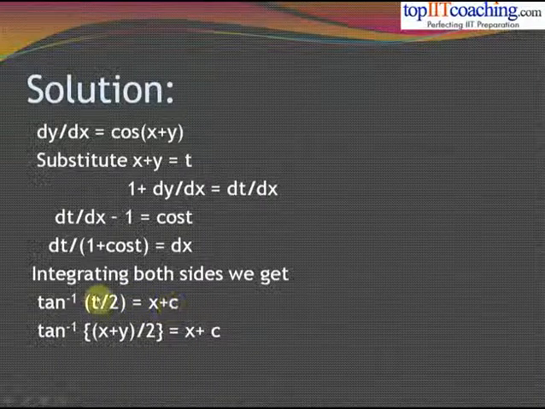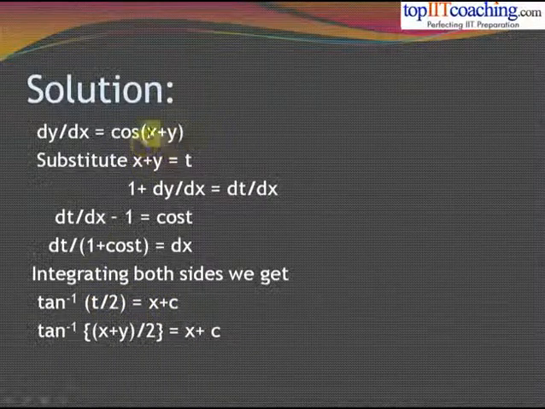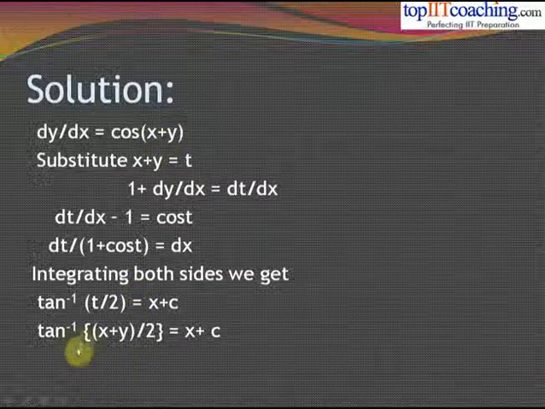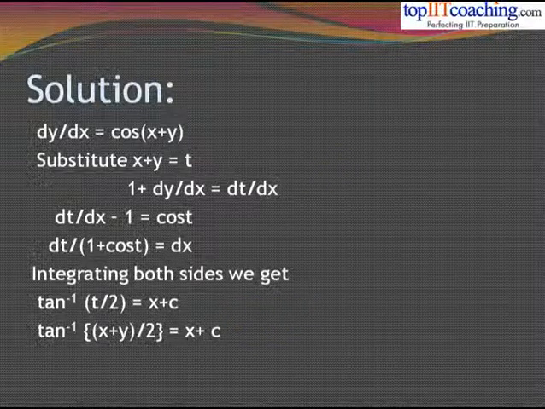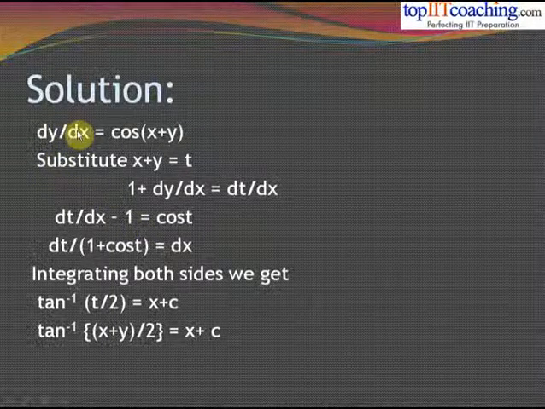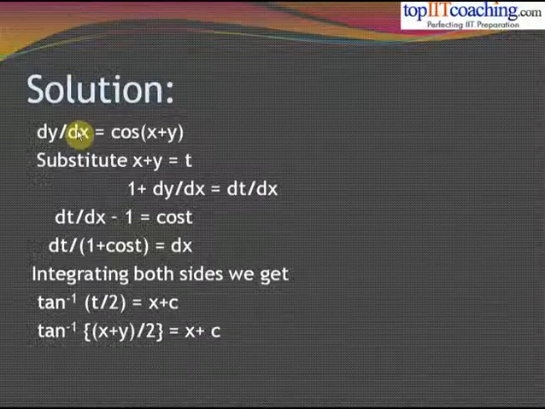Again t is equal to x plus y. So the final solution of this differential equation is tan inverse of (x plus y) divided by 2 equal to x plus c. Thus we have seen that through a slight modification, through the substitution, that is x plus y equal to t, we have reduced this differential equation to a form that can be easily solved through the method of separable variables, and thus we get this final answer.